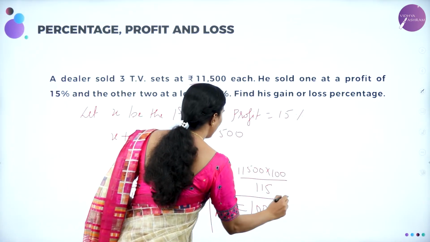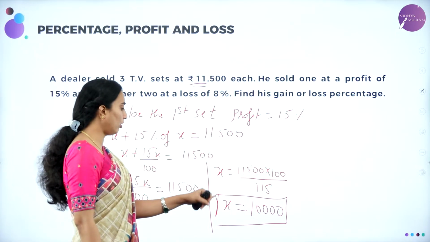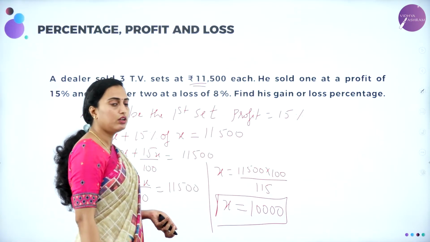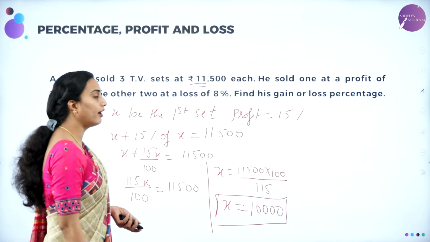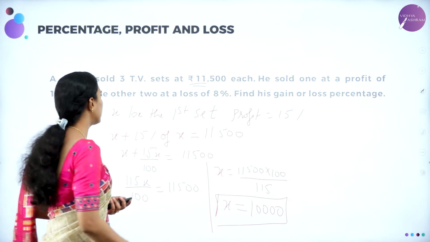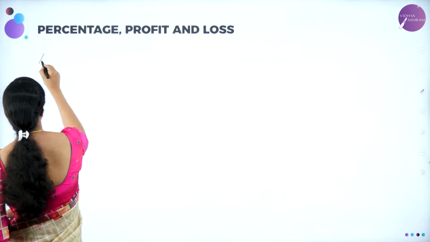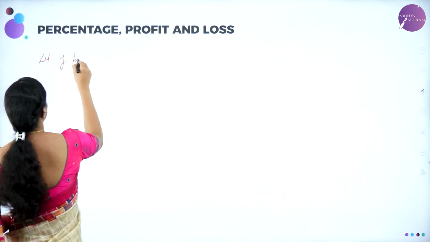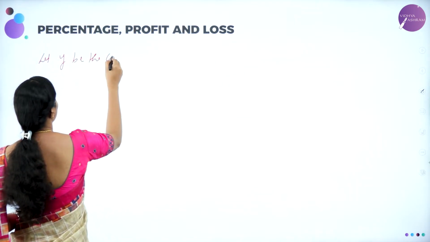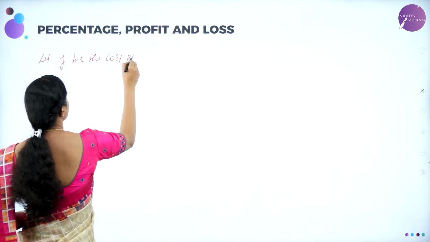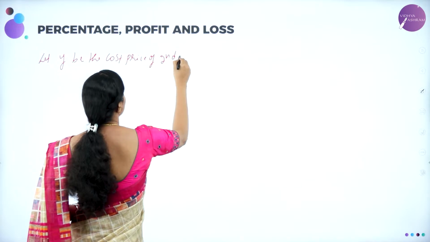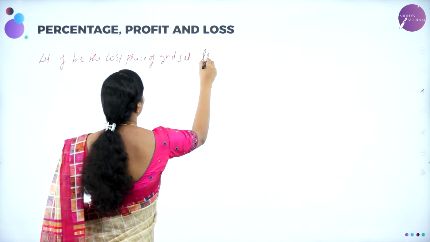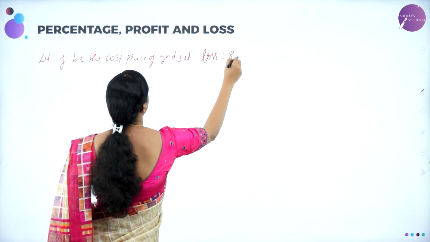So x will be equal to 10,000. Okay, that means the first set, x, the cost price is 10,000. Next, he sold, let y be the cost price of the second set, and the loss will be 8%.